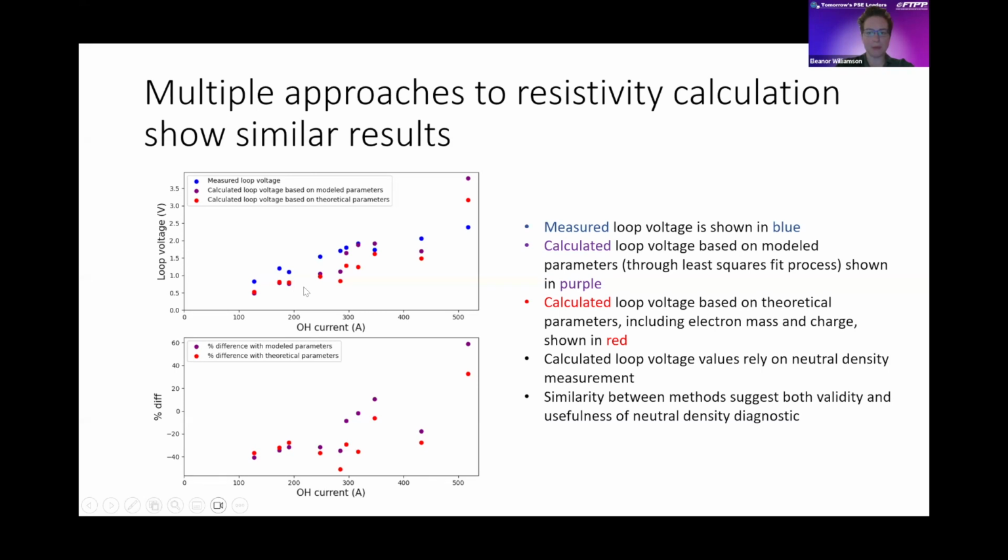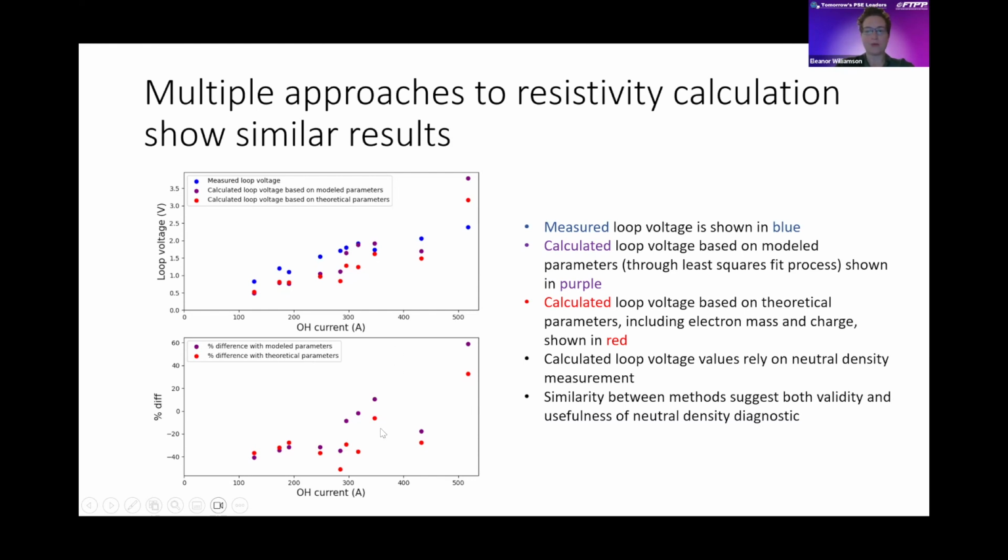But in red, there is a calculated loop voltage based on theoretical parameters and, importantly, neutral density. So the neutral density is in this data. And what you see is fairly good agreement between the blue, which is the real value, and the purple and the red, which is the predicted value from two different sources.